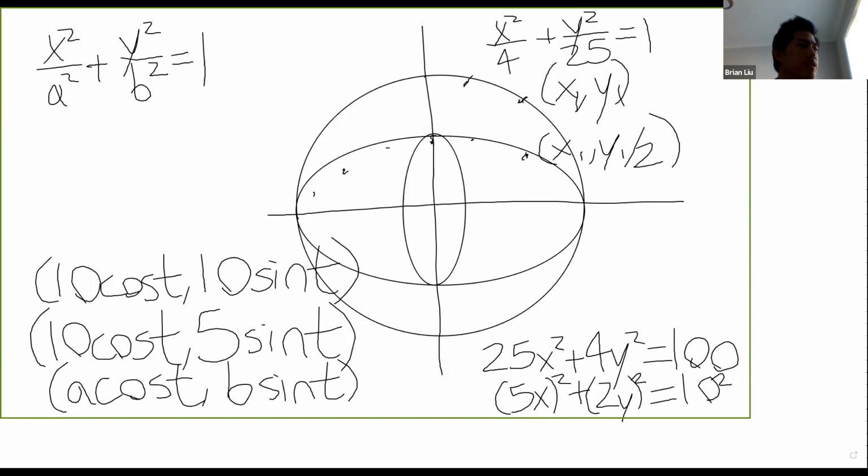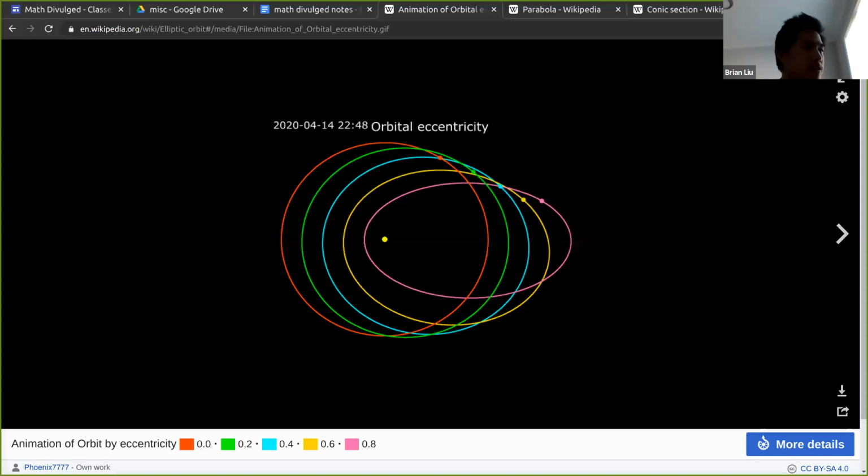So if we look, let's see, on my other screen here. So this is what an ellipse would look like. This right here is an ellipse with eccentricity 0.